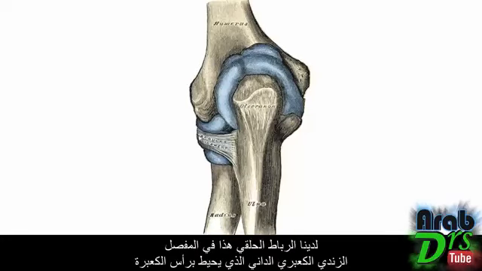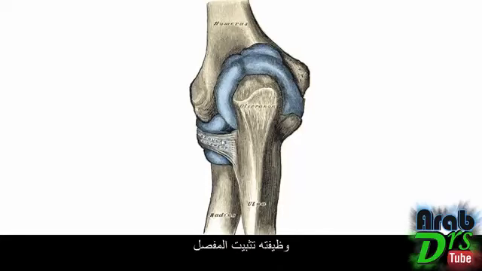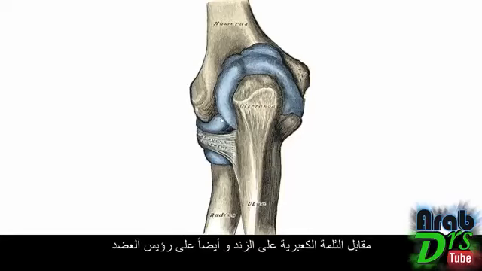You've got this annular ligament at the proximal radio-ulnar joint, which goes around the head of the radius. What this does is it stabilizes the joint, and it allows the radius to rotate against the radial notch on the ulnar, and also on the capitulum on the humerus.